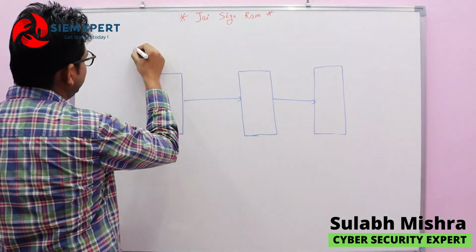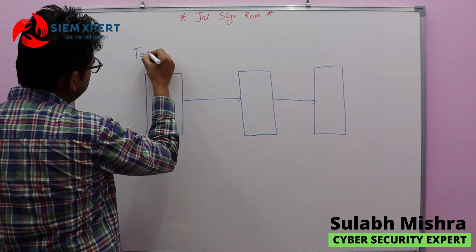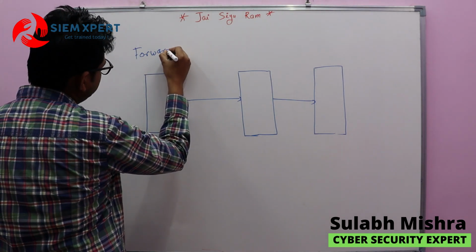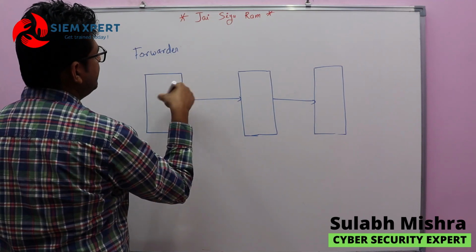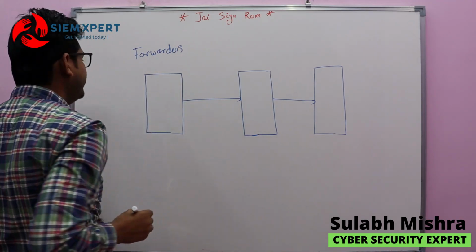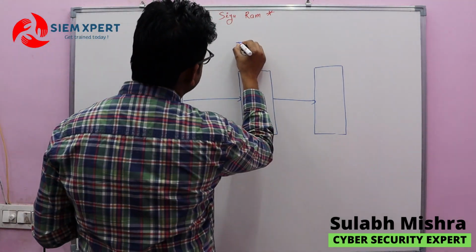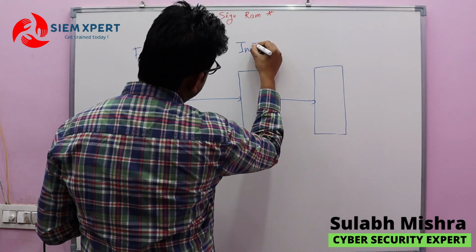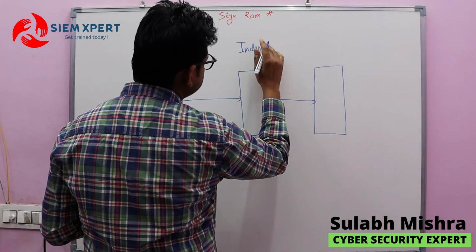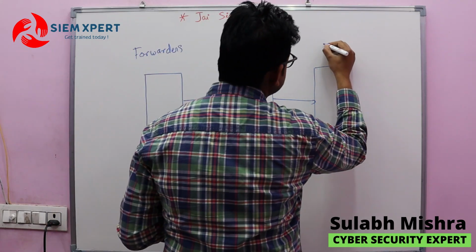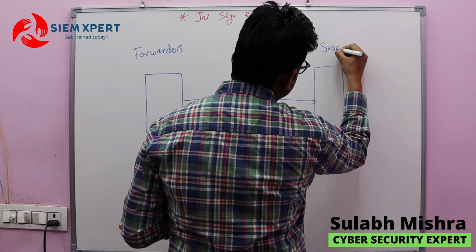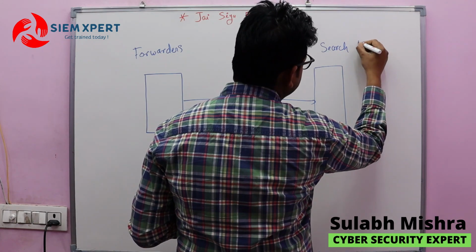First component is forwarder or forwarders, because these components can have multiple, right? So forwarders, indexer, and search head.